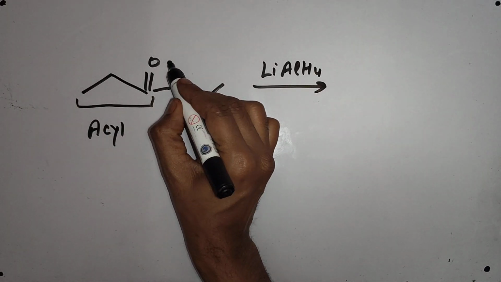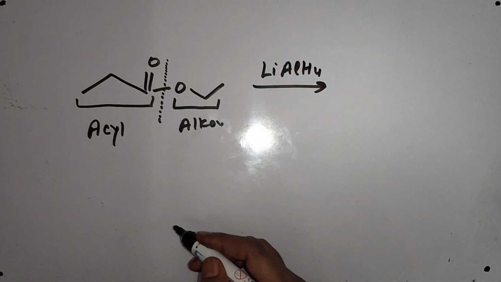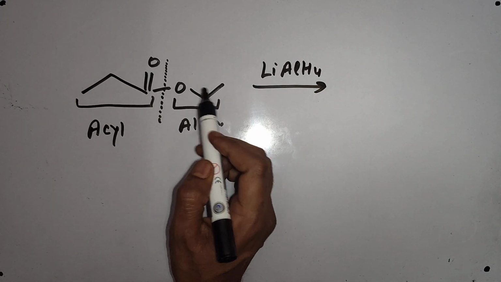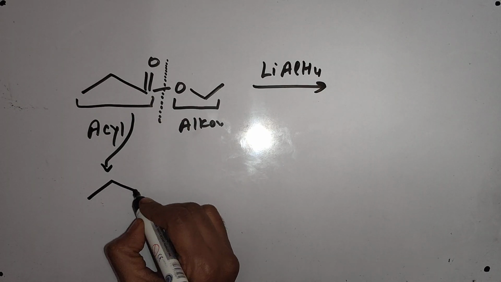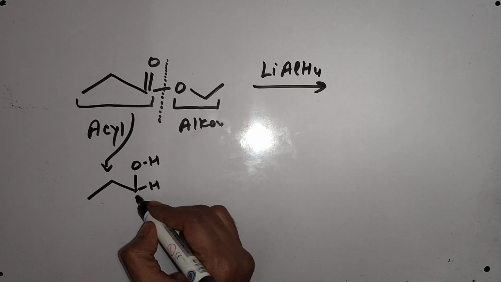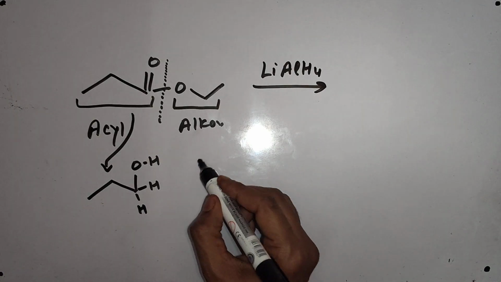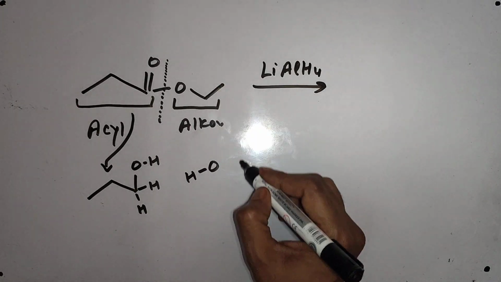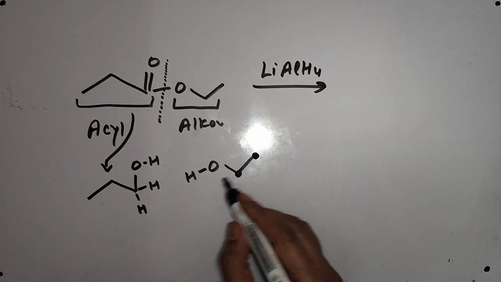Now you need to break it from here, this one. So reduction of this part and reduction of this part will be done separately. When you reduce this one, this alcohol will generate out, and when you reduce this part, this oxygen will make a bond with hydrogen and two carbons, this is first carbon, this is second carbon, will remain with it.